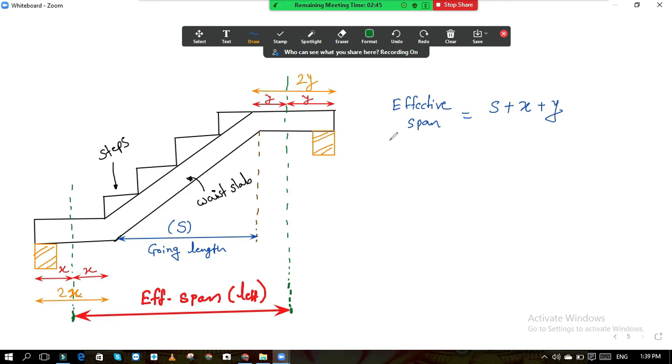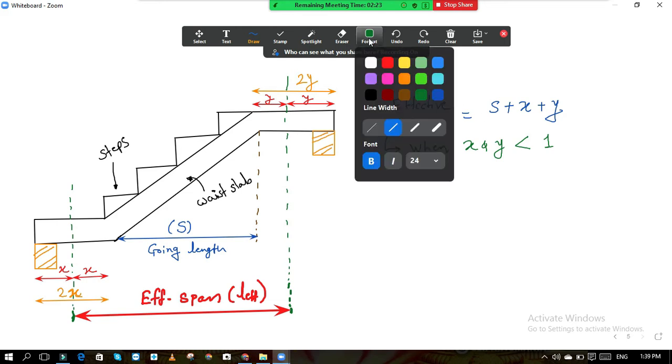The condition is that x and y should be less than 1. It must be less than 1, otherwise you should take it as 1.